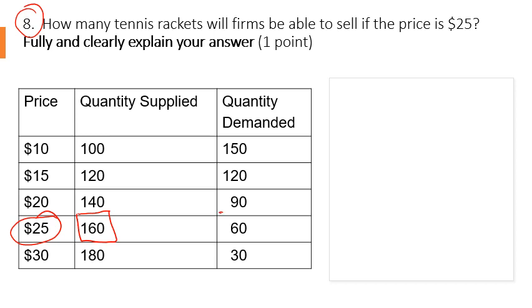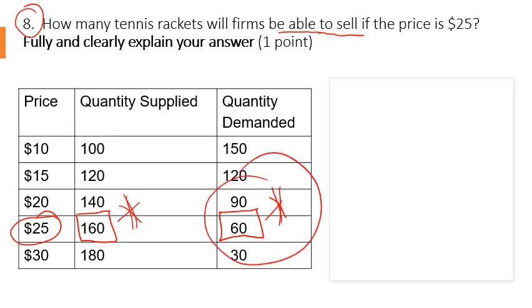Well, how many tennis rackets are consumers able and willing to buy? 60. The question, you notice, is about selling. How much are firms able to sell to customers? Although they produce 160, they can only sell 60. So the answer is 60.